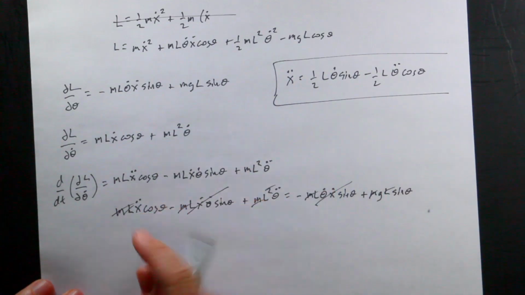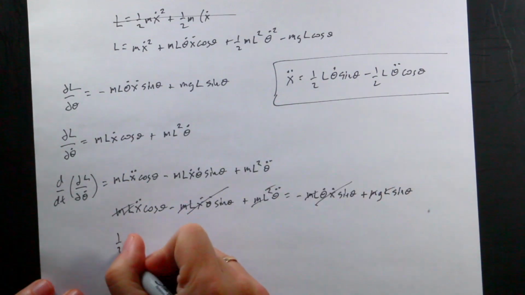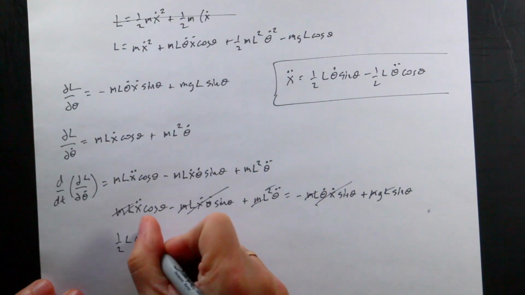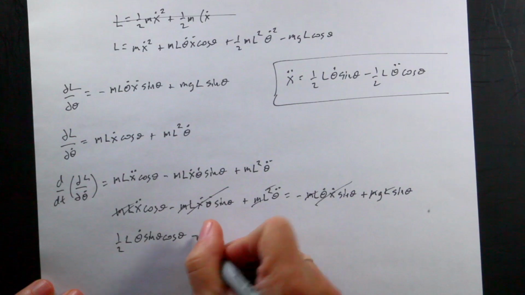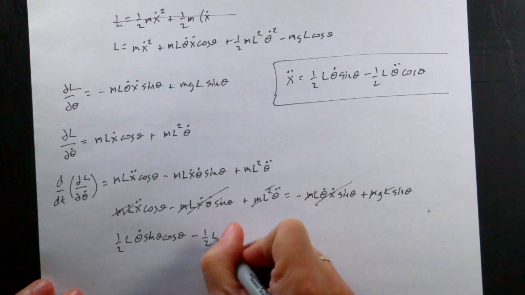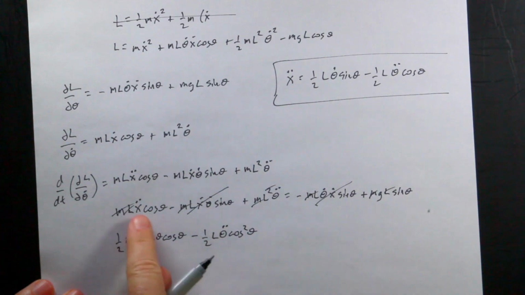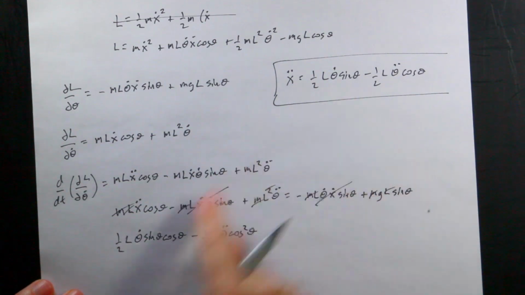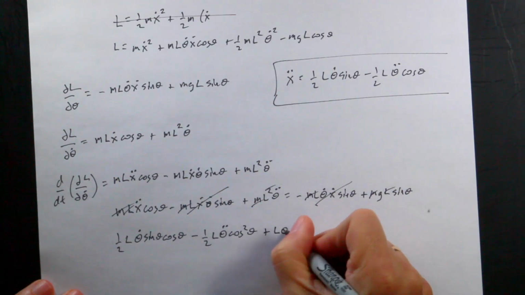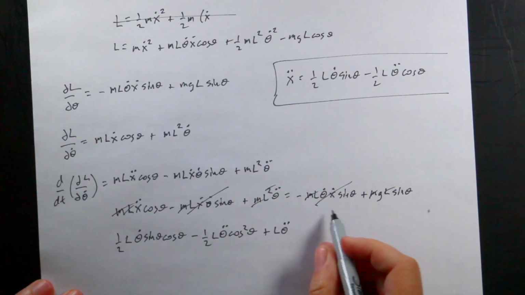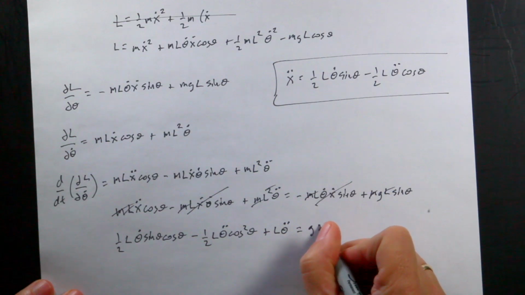So I get, this is just x double dot times cosine theta. So I put that up here. I get 1/2 L theta dot sine theta cosine theta minus 1/2 L theta double dot cosine squared theta. So that is that term right there. Putting that in, that term went away. Then I have plus L theta double dot, and then I have equals G sine theta.